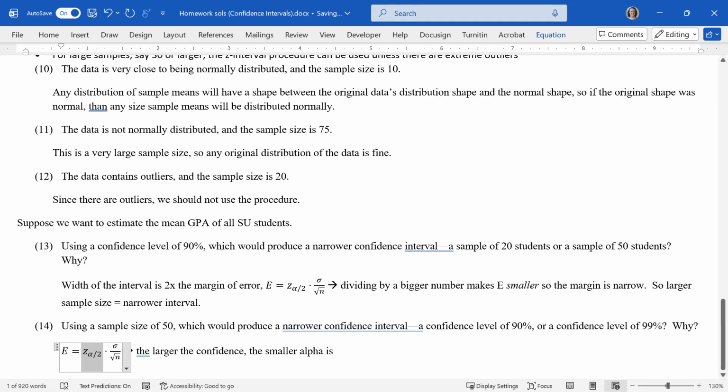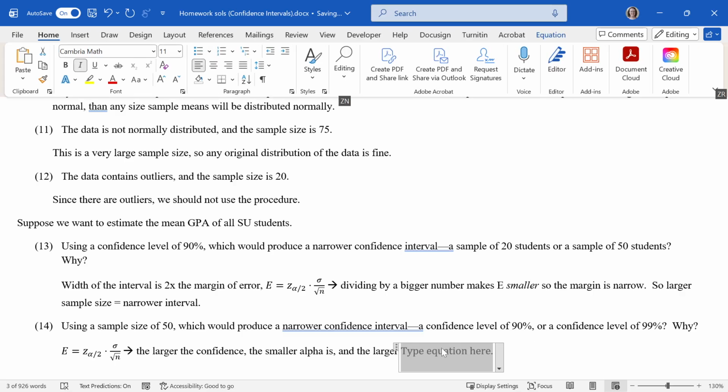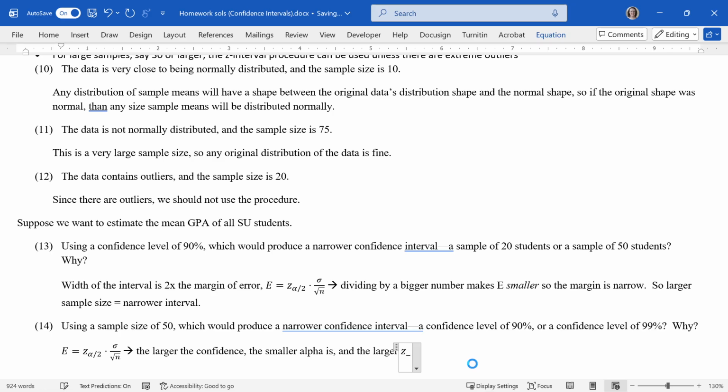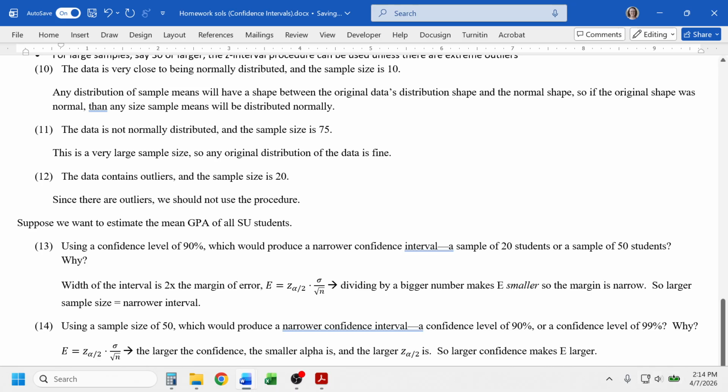So if I want a smaller area to the right, I have to push the z-score further and further away, going towards the right. The smaller alpha is, the larger z sub alpha over 2 is. Okay, so larger confidence makes E larger. Okay, makes your interval wider.